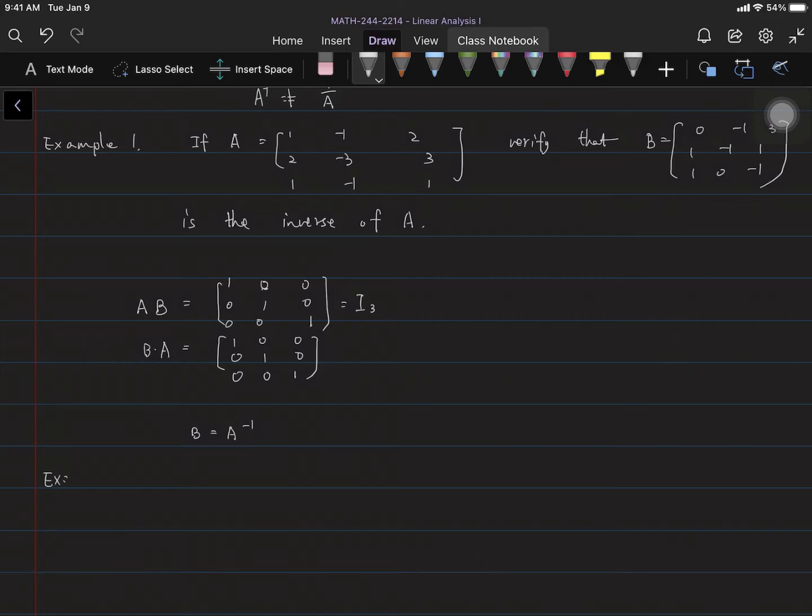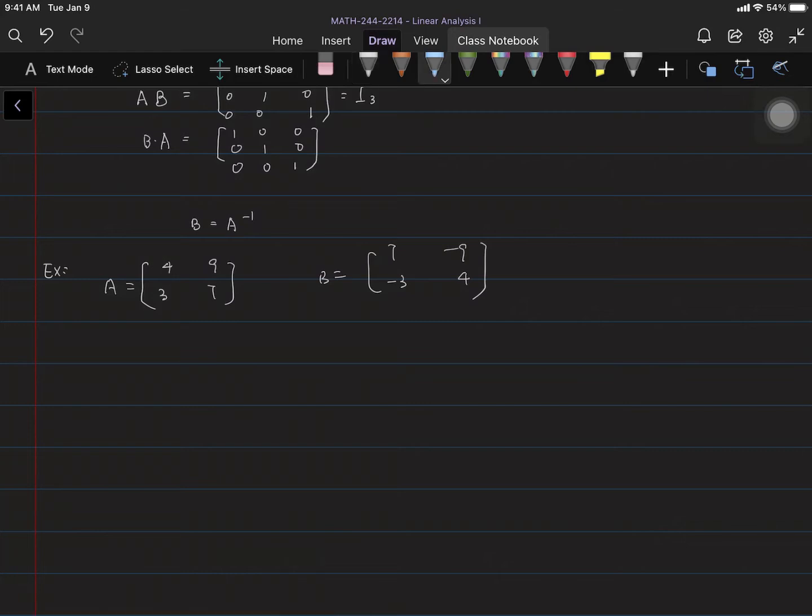Now we can try this exercise problem. A is 4 9 3 7 and B equals 7 negative 9 negative 3 4. Let's take a look. I'm going to give you the solution directly. AB should be 2 by 2. 4 times 7 is 28, minus 27 is 1.